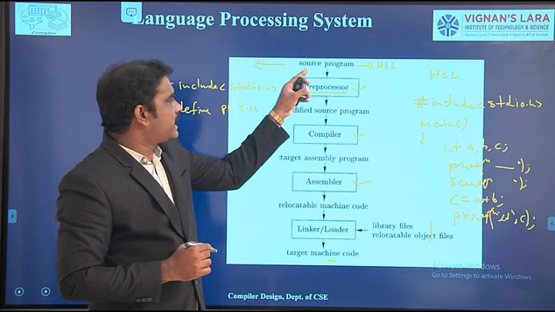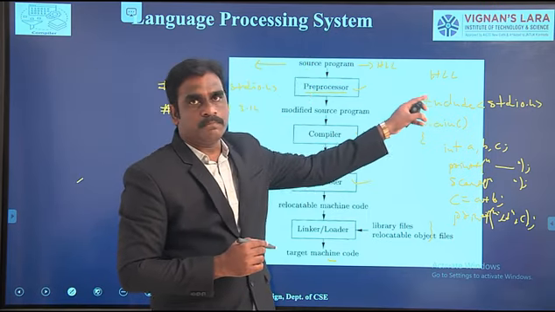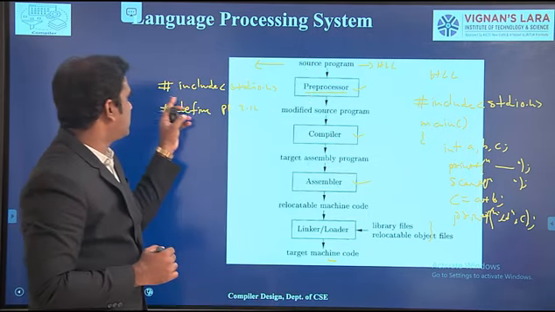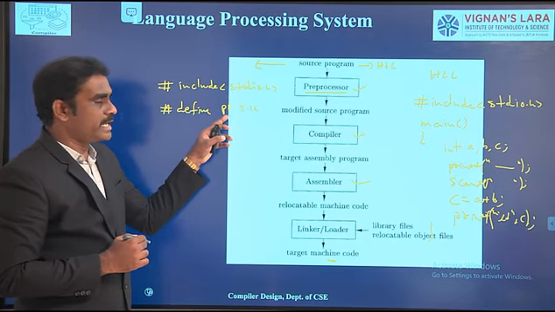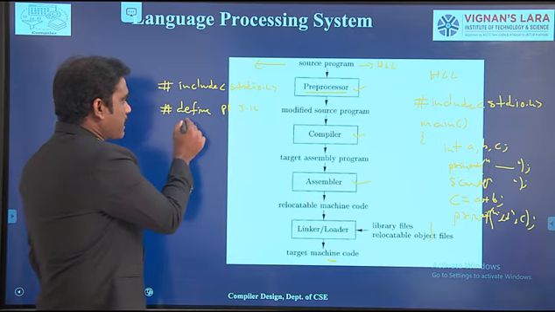So the source file contains code along with some preprocessor directives like #include <stdio.h> and #define PI 3.14. This is a macro definition.